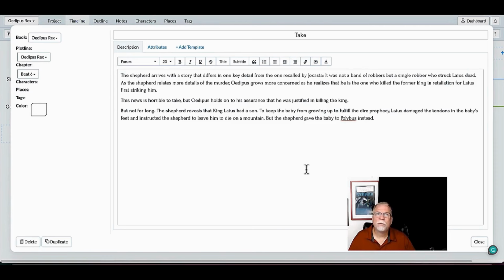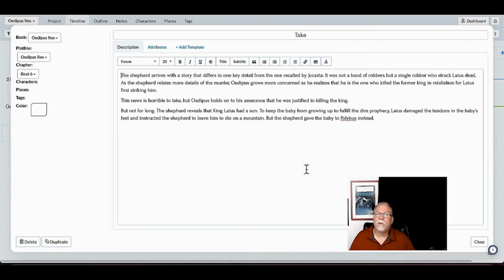The shepherd arrived with a story that differs in one key detail from the one recalled by Jocasta. It was not a band of robbers, but a single robber who struck the king dead. As the shepherd relates more details of the murder, Oedipus grows more concerned. He met a group of travelers at a crossroads, and one of them hit him.